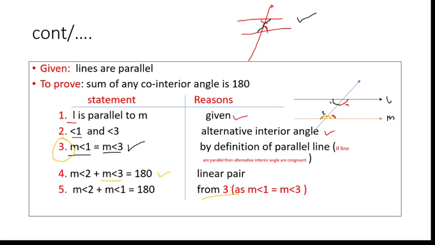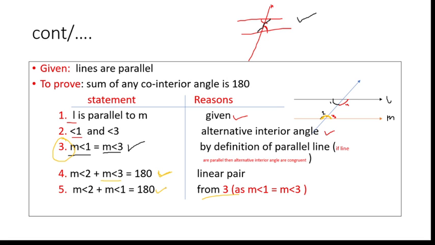When we substitute this equality into the fourth, we get measure angle 2 plus measure angle 1 is also equal to 180.